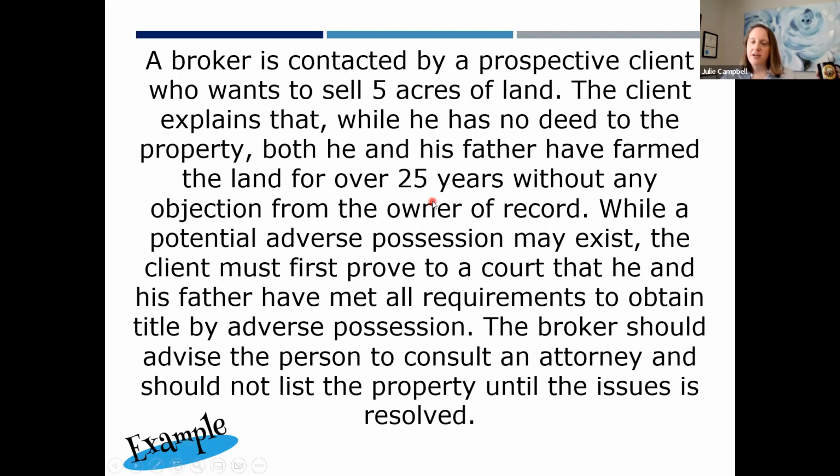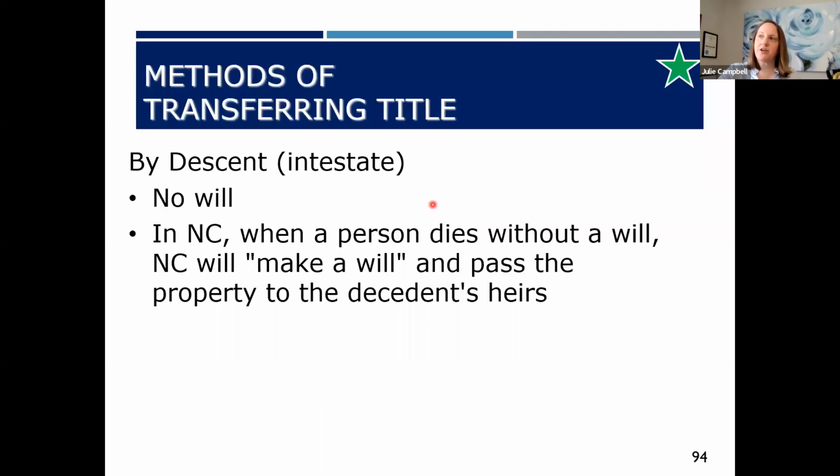So we've talked about voluntary alienation. We've talked about involuntary alienation. The third method to transfer title is by descent. If you are passing property by descent, you die with no will, but you do have heirs.